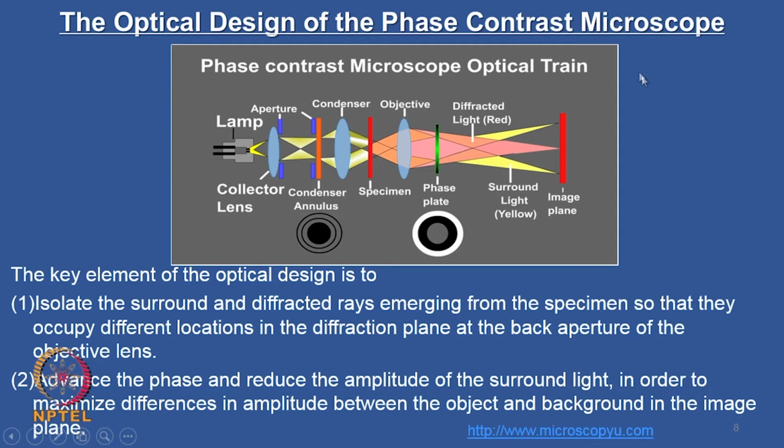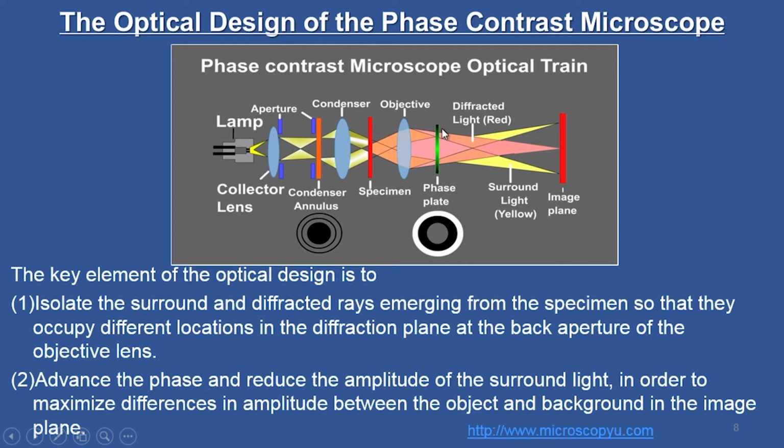Look at this schematic. You have the light source, you have the aperture lens, and this is a condenser annulus, like the opaque stop which I mentioned. Then you have a condenser, specimen, objective, and then a phase plate.